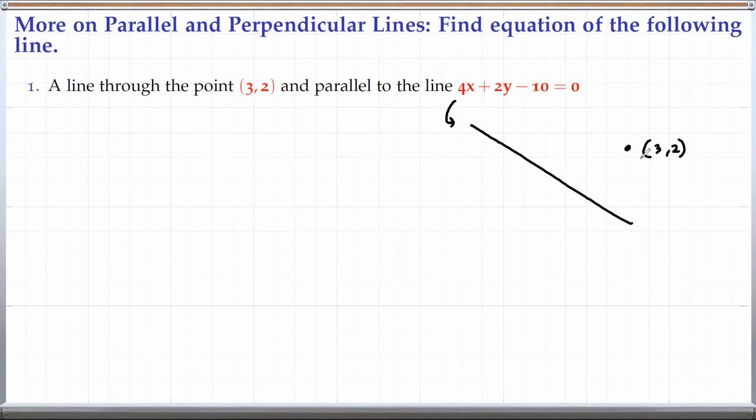It doesn't have to be accurate, just for the purpose of visualizing the situation. So we want to find the equation of the line that goes through 3, 2 and is parallel to this given line. So maybe something like this. This is the line whose equation we need to figure out. Now, one thing to note here that we can use is that since these two lines are parallel, they have the same slope.